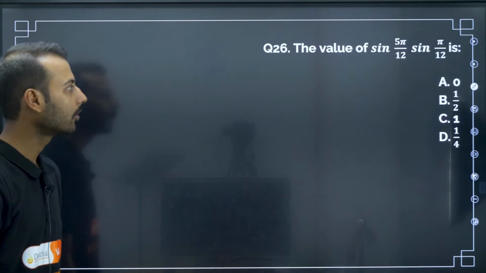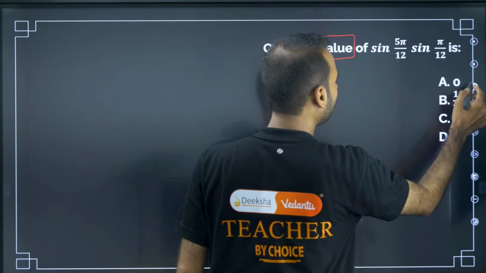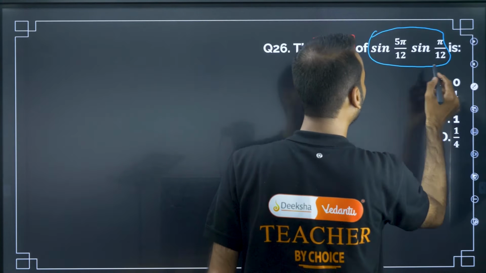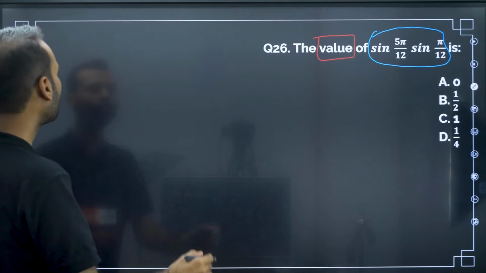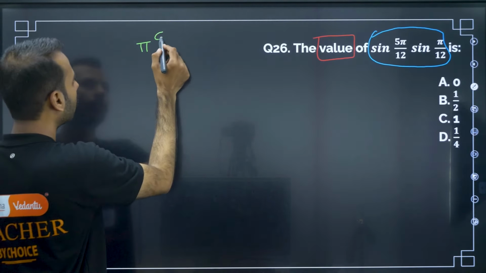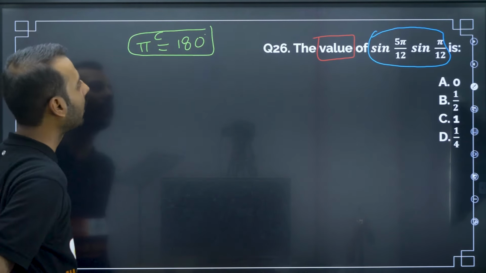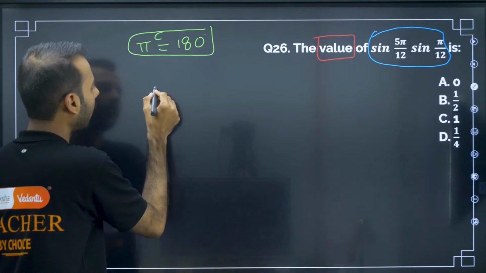The value of sine, what are they asking in this question? They are asking the value of sine 5 pi by 12, they are asking to find this. So one thing you should be knowing, I will assume all the students who are watching this video might be aware of this. Pi radian is equal to 180 degrees. Now further, if you observe this question, what are they asking?